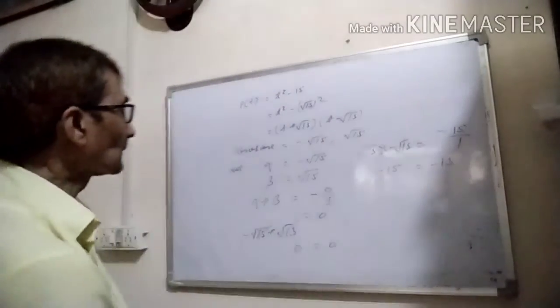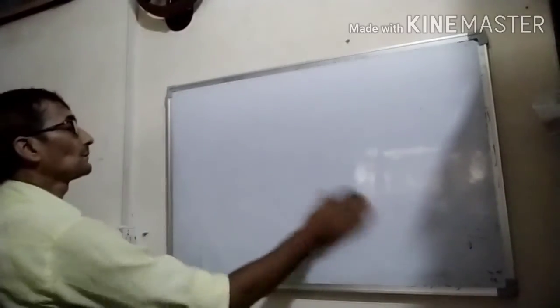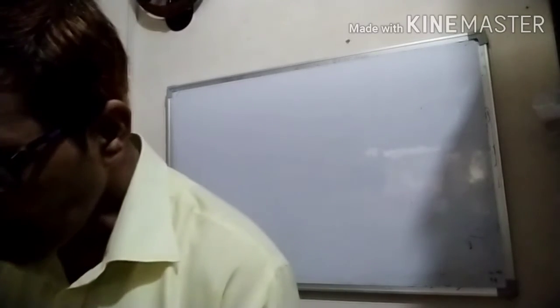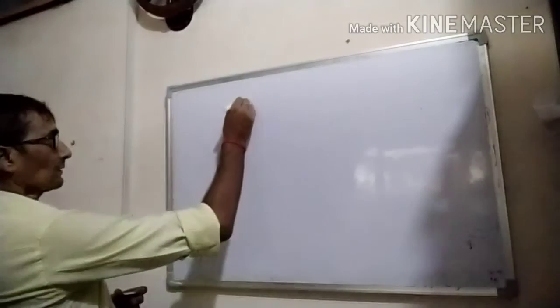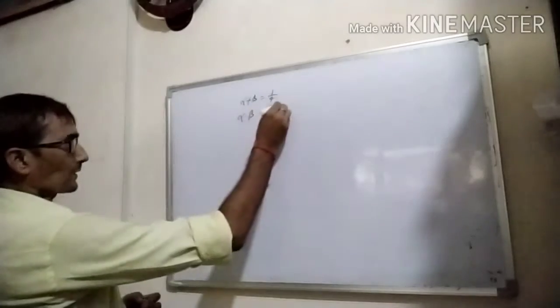Here alpha + beta = 1/4 and alpha × beta = −1.